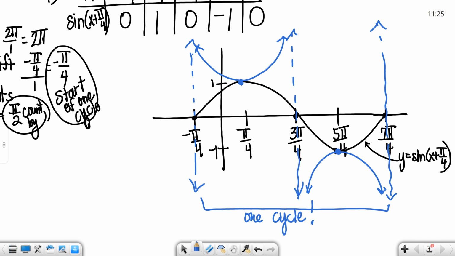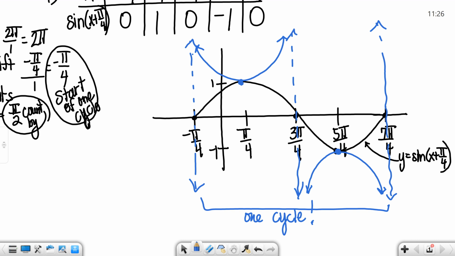To do secant, we would do the same thing, but you would start with a cosine graph, and I told you where the asymptotes would be, and it will have the same behavior. It will flip over: maximums become minimums, minimums become maximums. And you would have 2 U's. So secant looks very similar to this.